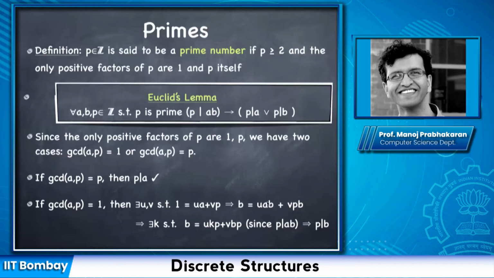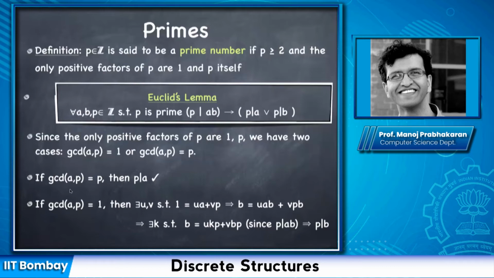So that I can talk about AB, and AB is a multiple of P, right? That's our starting point. So I can rewrite AB as K times P. And now both these terms have P as a factor, and I can take that out, and therefore I will get that P divides B. Okay? So in this case also I'm done.